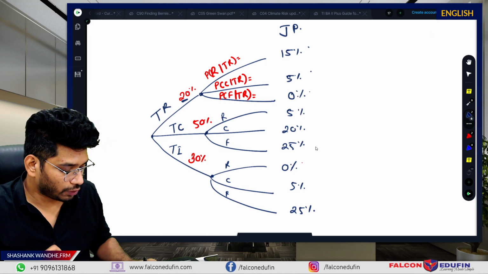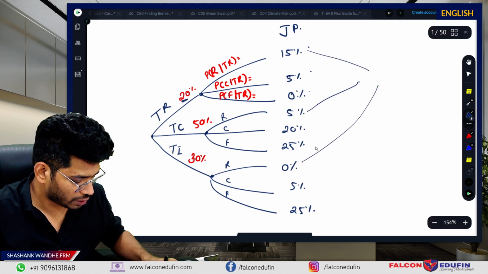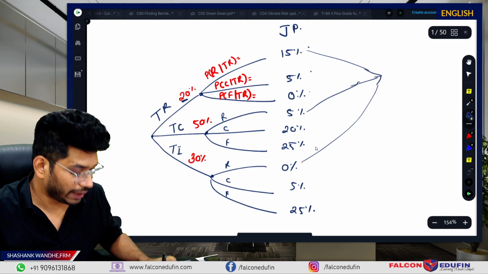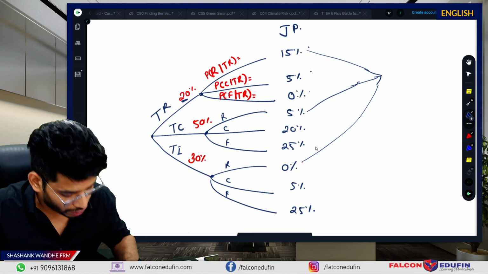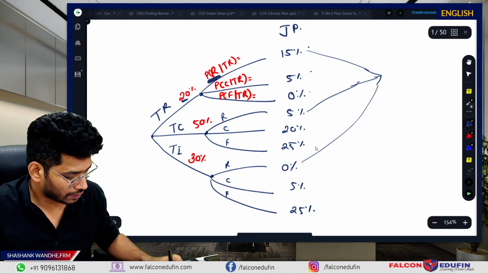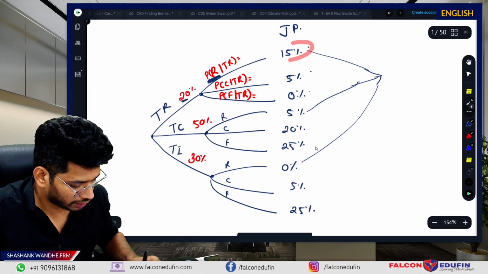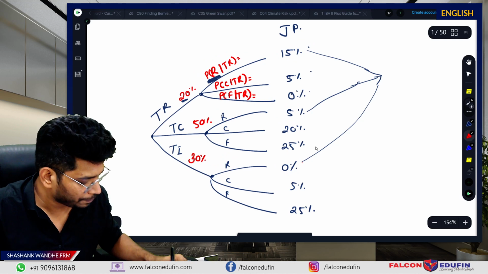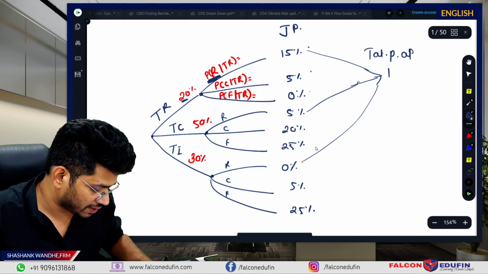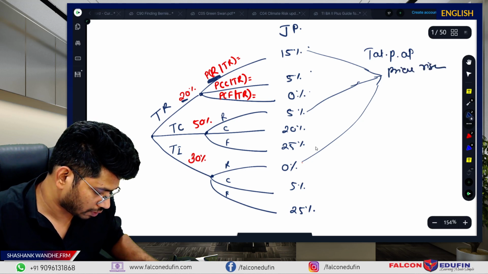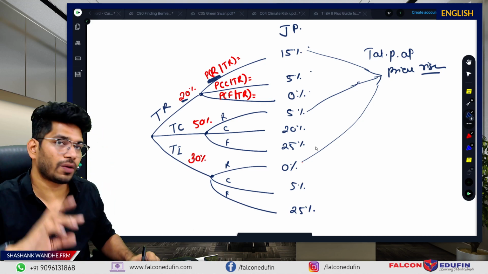So if you take the total of these values, that is all the joint probabilities which relate to the price rise, you have price rise, price rise, price rise. If you just total these values, you will get the total probability of price rise: 15% plus 5% plus 0%, which is 20%.